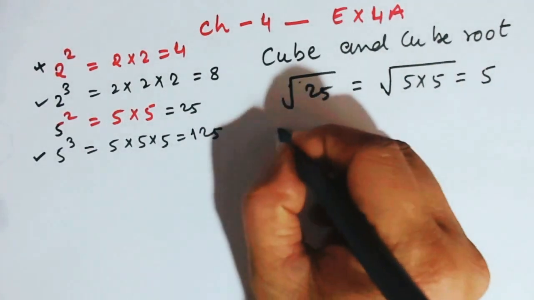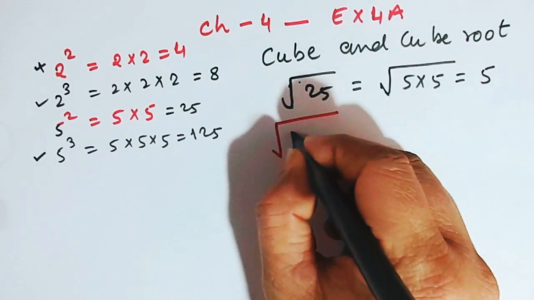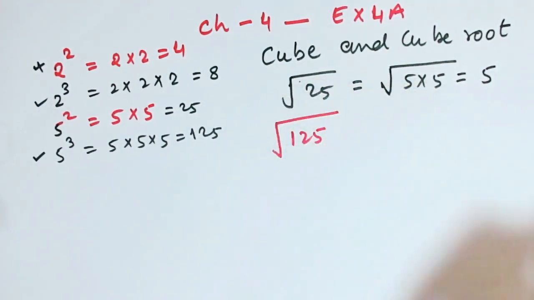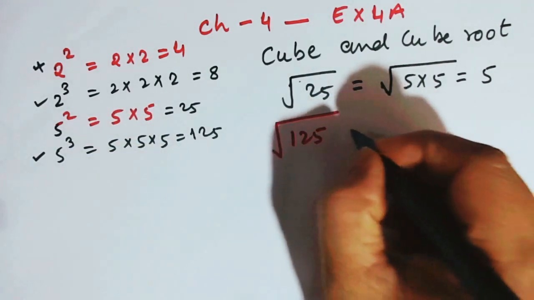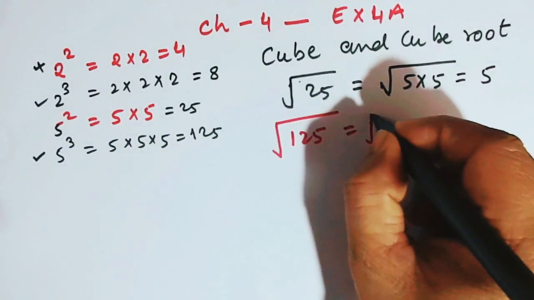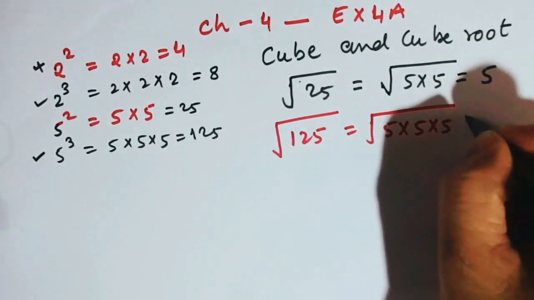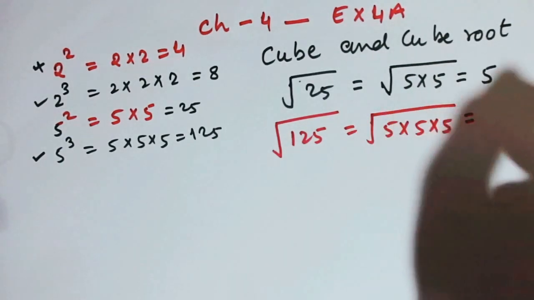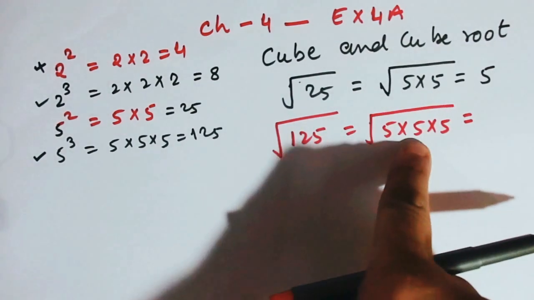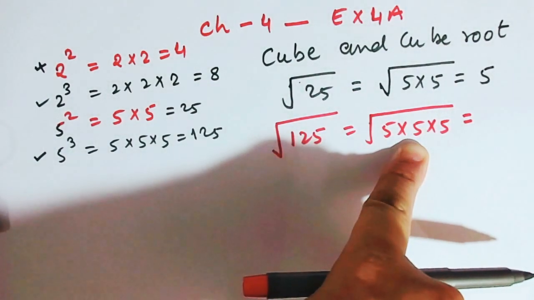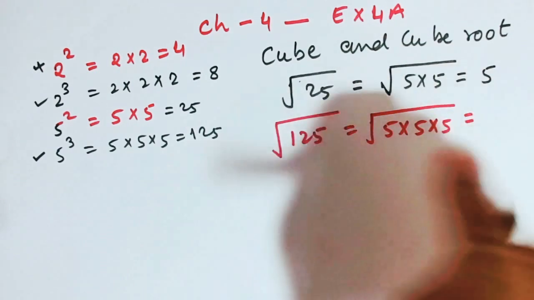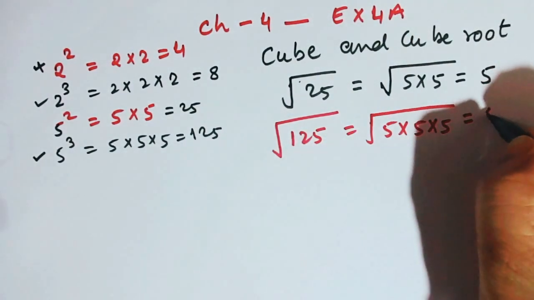Similarly, the cube root of 125, naturally I cannot give you 25 because this is not a cubic number, is equal to, let's factorize it: 5 times 5 times 5. You will take one of them. So you can say these are triplets, a product of triplets. So we will take one of them.